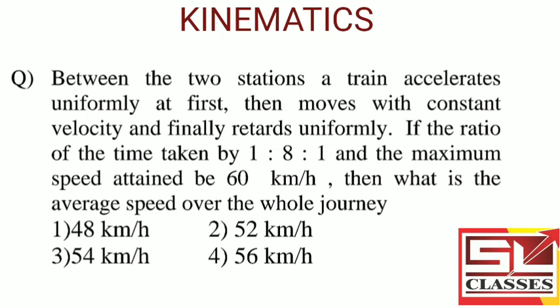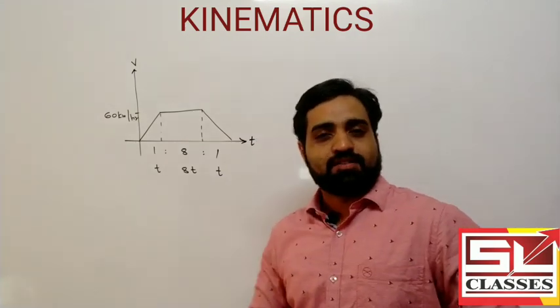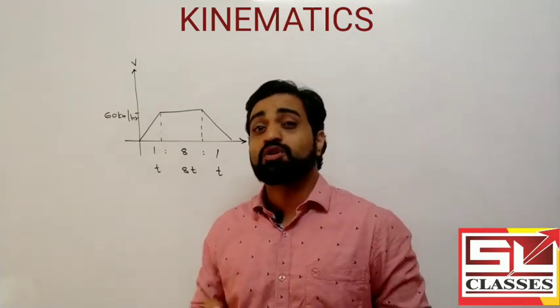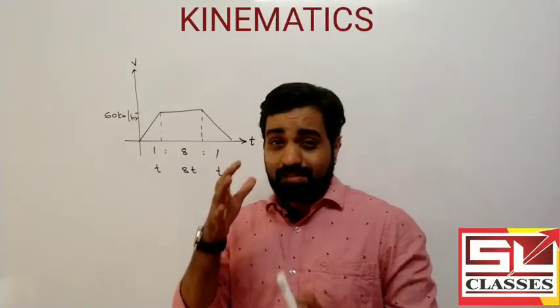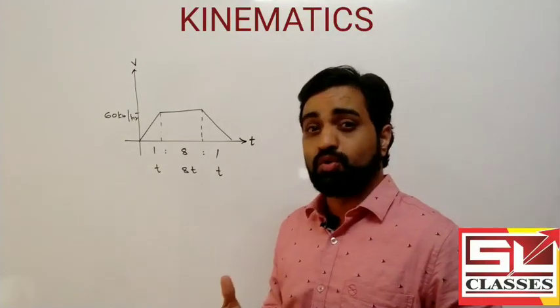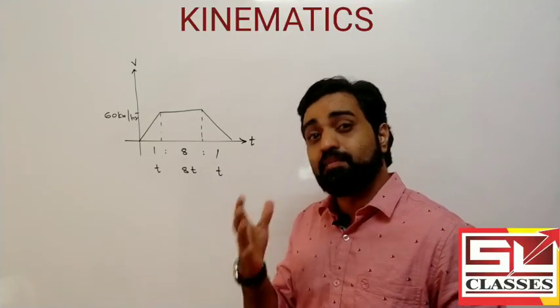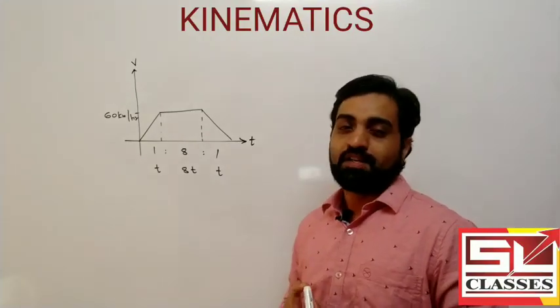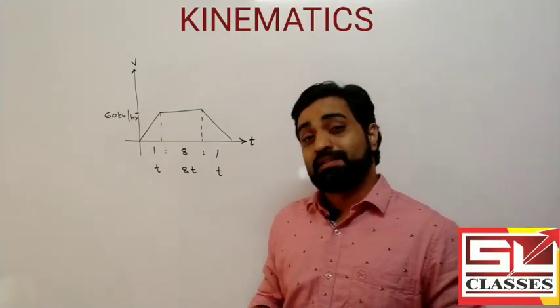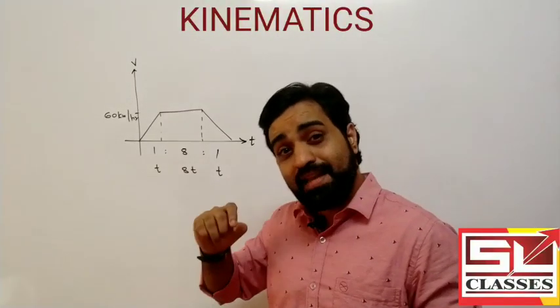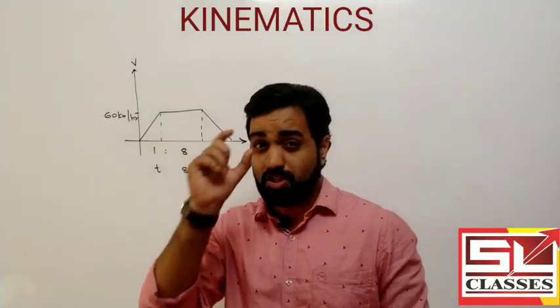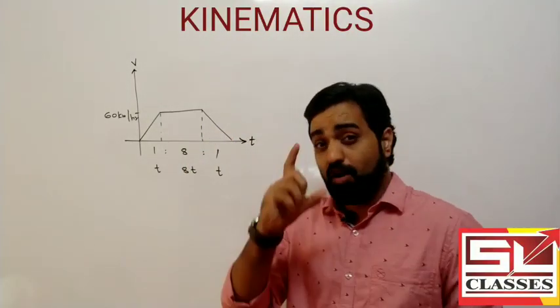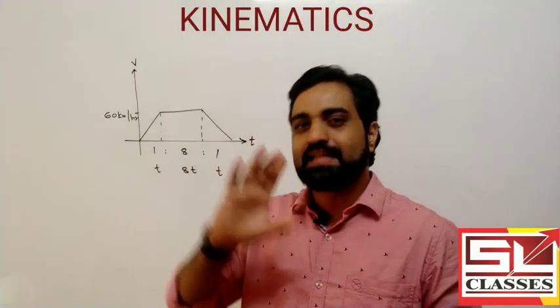In the first question, the motion of a train between two stations is given. To describe its motion, we have to use the velocity time graph. Initially the train uniformly accelerates. We know positive acceleration means the velocity of the body increases.